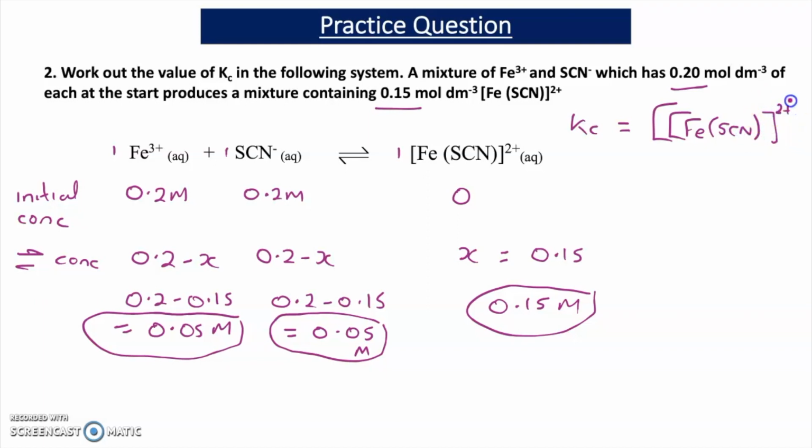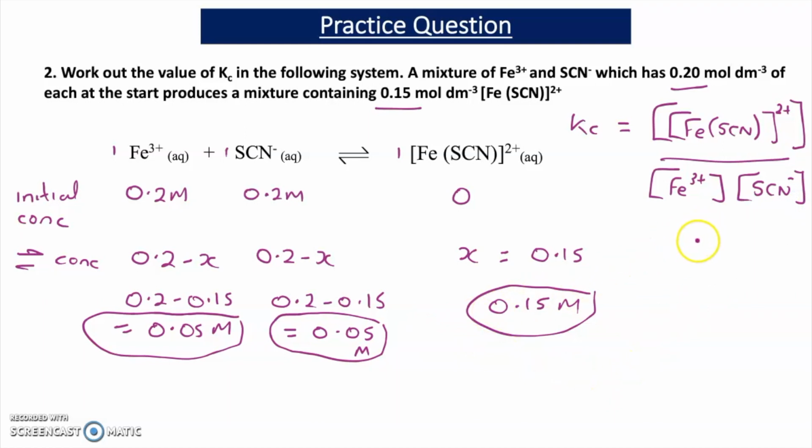So now to work out Kc, I substitute in these values. So Kc is equal to the concentration of FeSCN2 plus over the concentration of Fe3 plus times the concentration of SCN minus. So if we put these values into the expression, we can have a value for Kc.